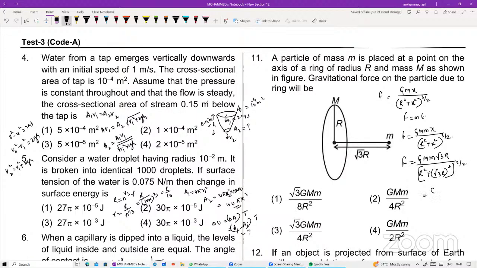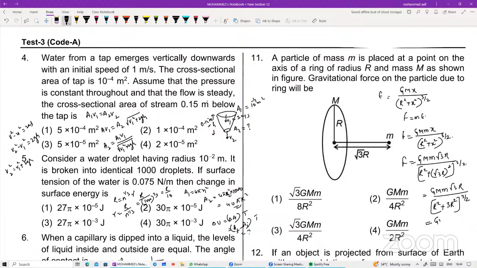So this value will be equal to how much? Capital G, capital M, small m into √3 into r divided by r square plus 3 into r square to the power of 3 by 2.